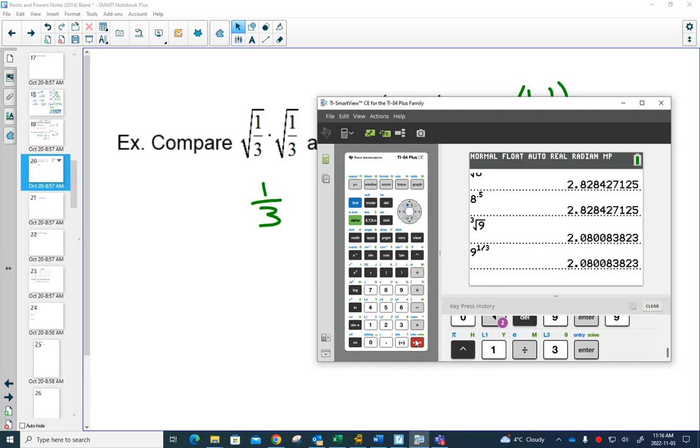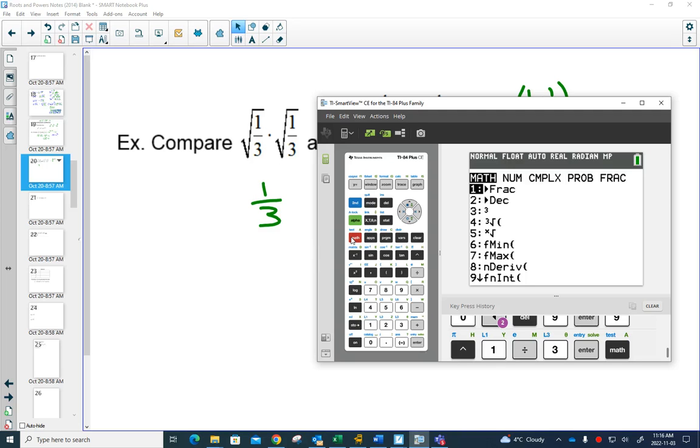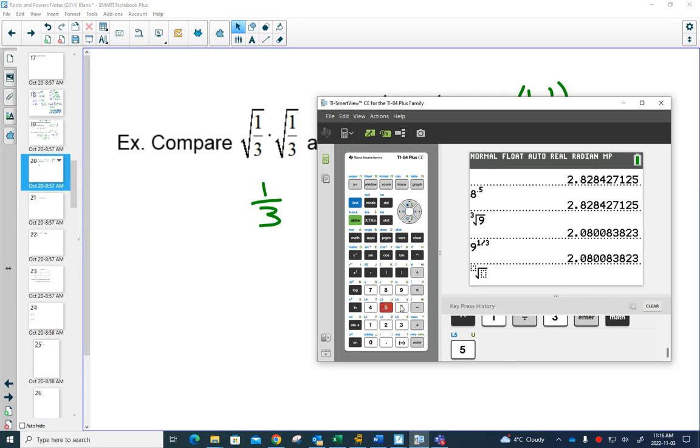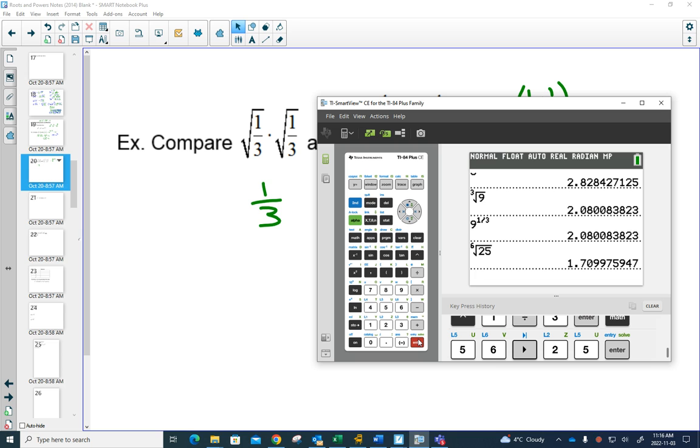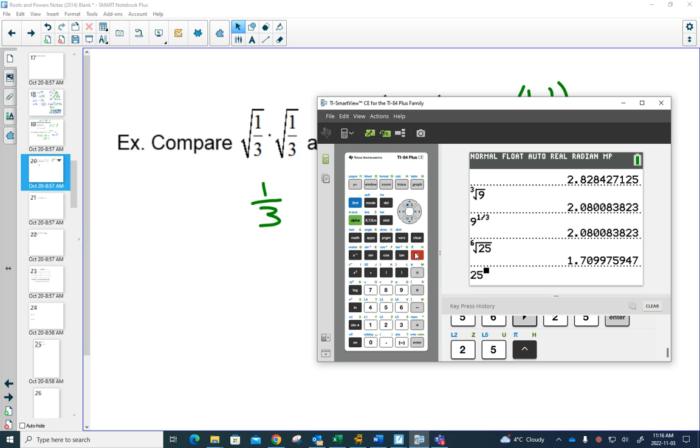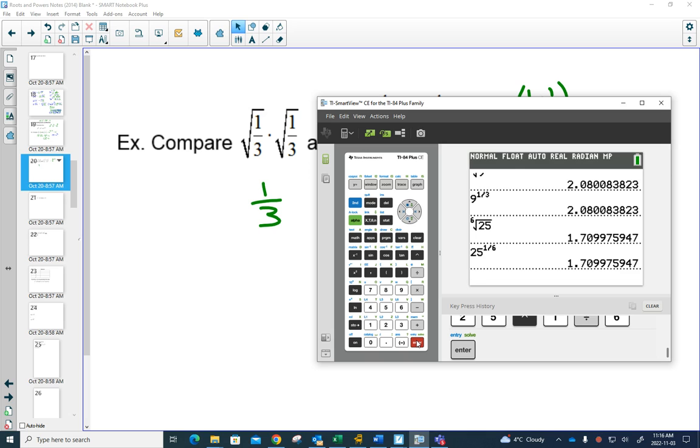On this one, you hit the math button, and the fourth one is a cube root. The fifth one gives you any root, so I can do the sixth root of 25, 1.7. I can also do 25 to the exponent of 1/6 and get the same answer.